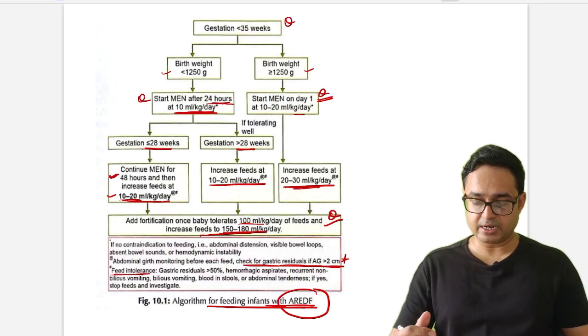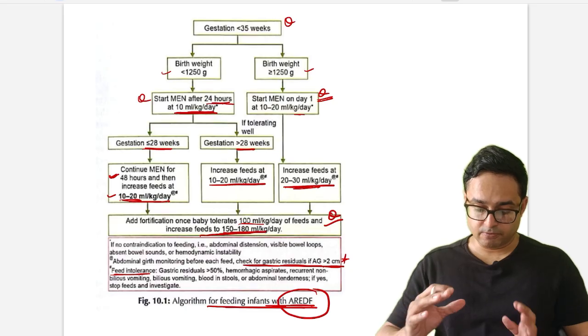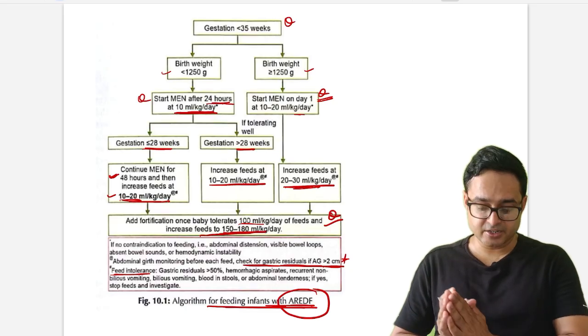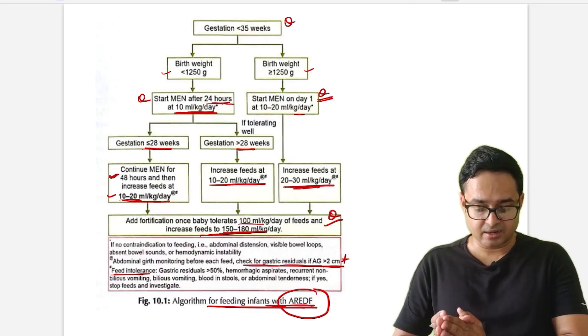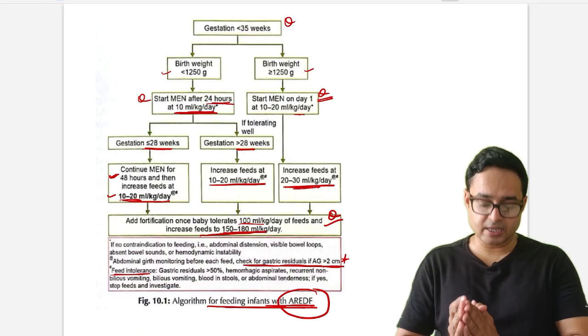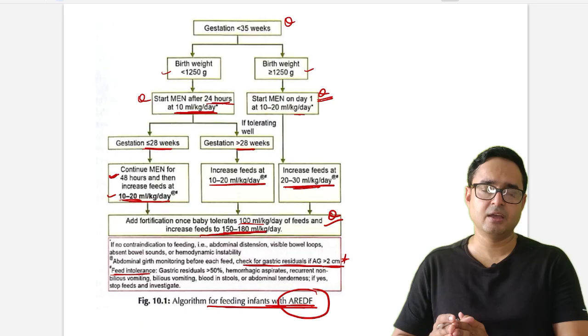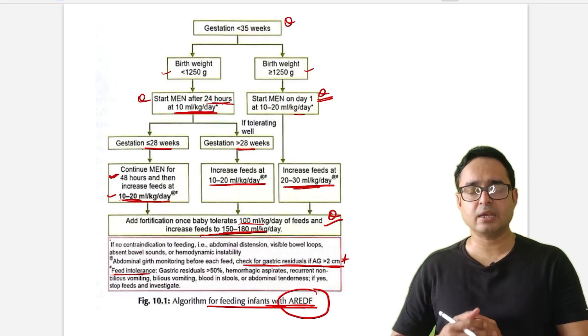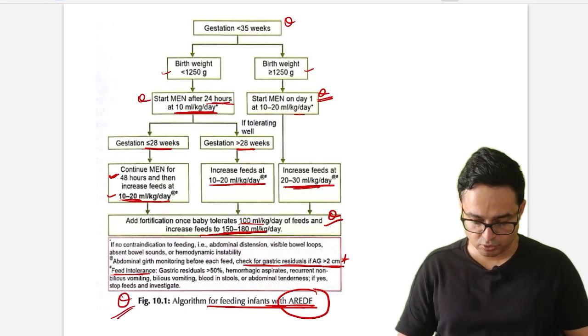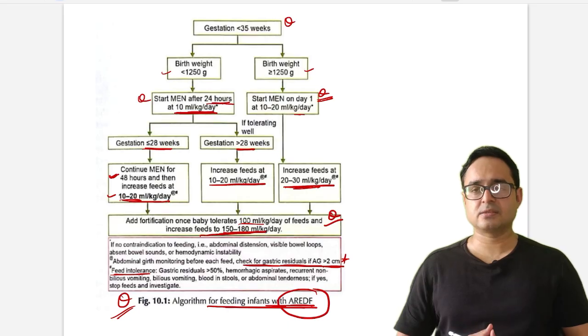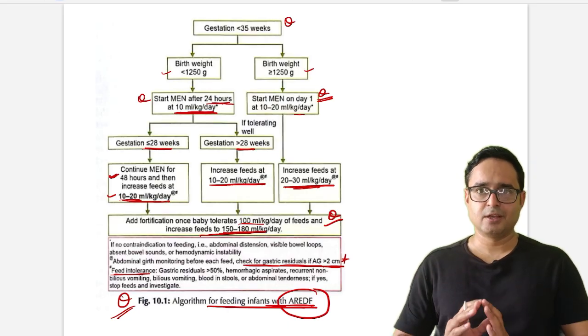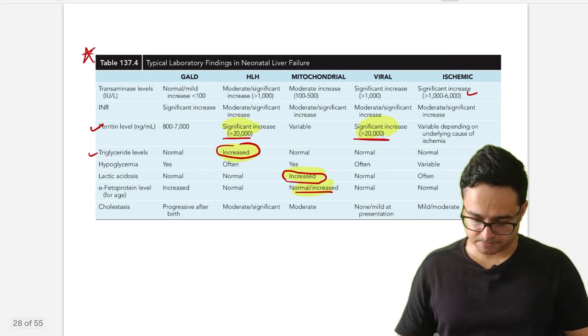If birth weight is 1100 gram and baby is 27 weeks, we have to continue minimal enteral nutrition for 48 hours before going forward to increasing of feed. So you have to remember these guidelines. These can be asked as a scenario based, long stem based question.